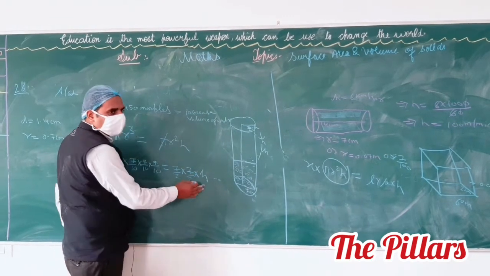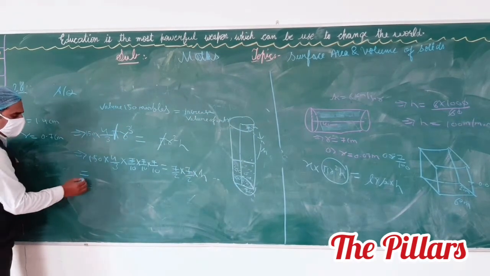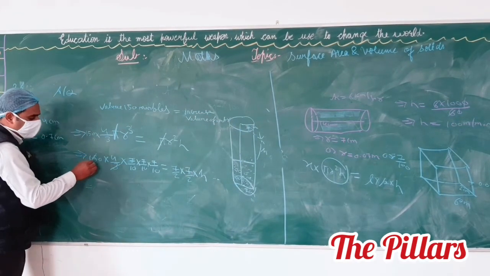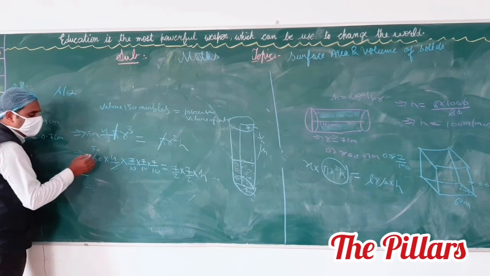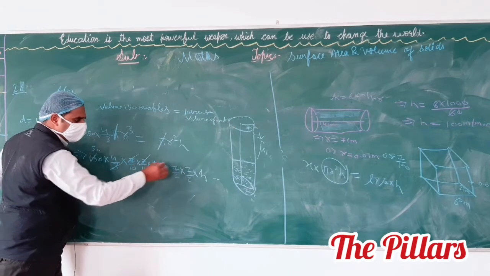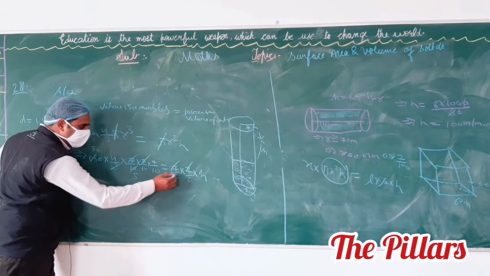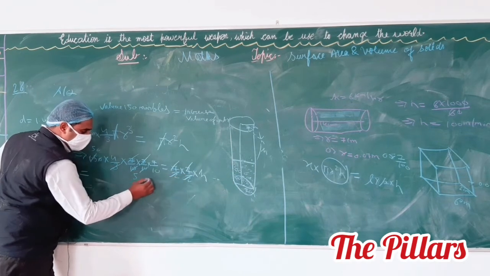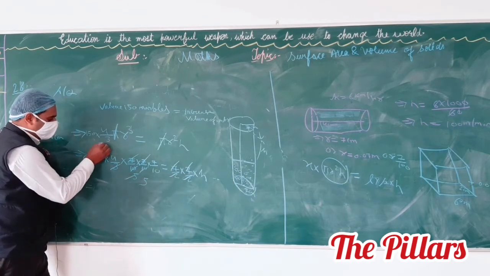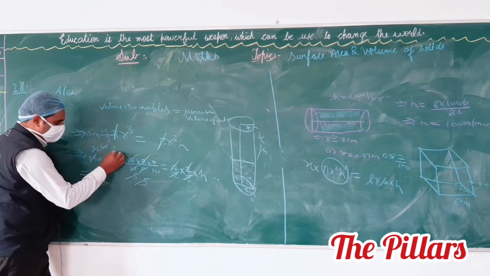This height we want to calculate, how much level is increased. Now see, 3 5s are 50, 7 cancels, and the 2 and 5 cancel out. 2 5s are 10.